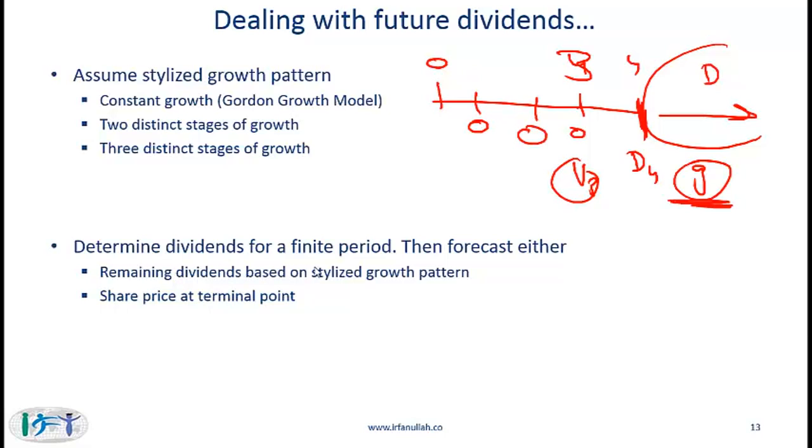Determine dividends for a finite period, then forecast the remaining dividends based on a stylized growth pattern. We've talked about that. We can also forecast a terminal point and forecast a price at that terminal point, which is also related to what we are talking about. And this material will be covered in detail in subsequent examples.